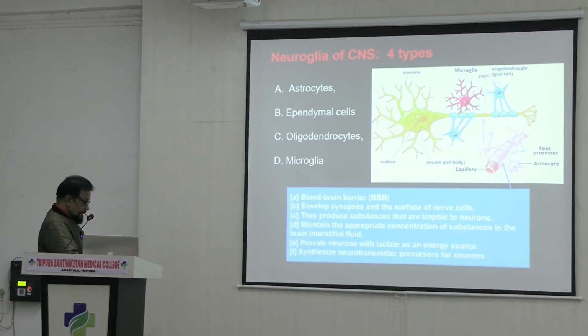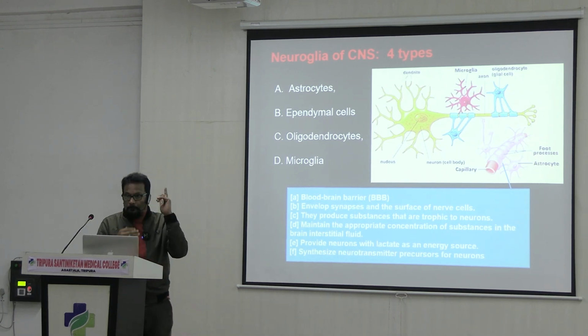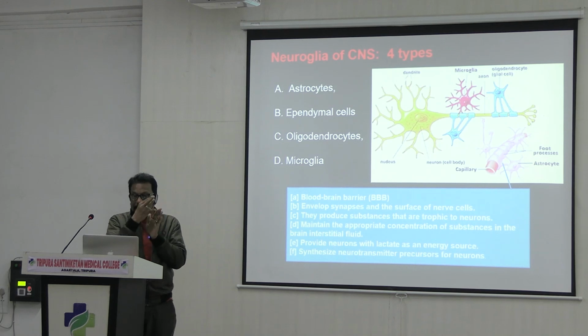The functions of the neuroglia: together, all the neuroglia perform these functions. What are these? They create the blood-brain barrier, a barrier between blood and brain tissue.